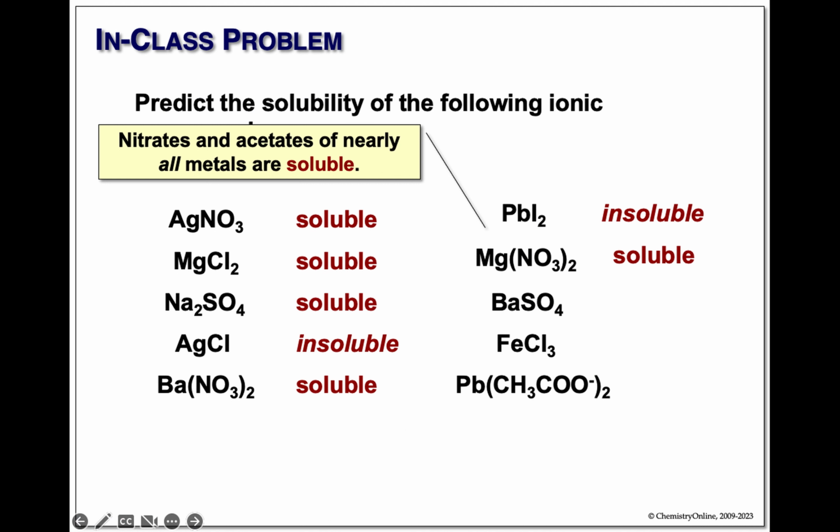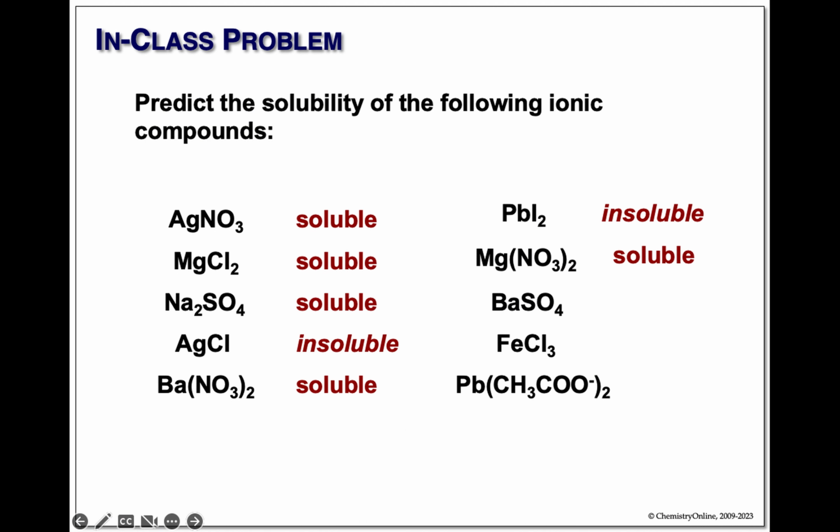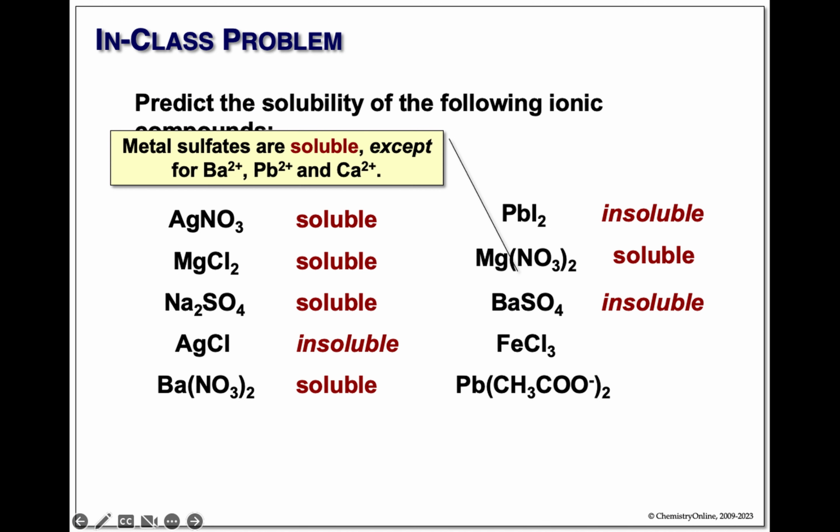Most sulfates are soluble, except for 3. This is a big one. Make sure you remember this one, lead iodide. They're key things to remember. Barium sulfate is insoluble. Barium, lead, and calcium, solids.